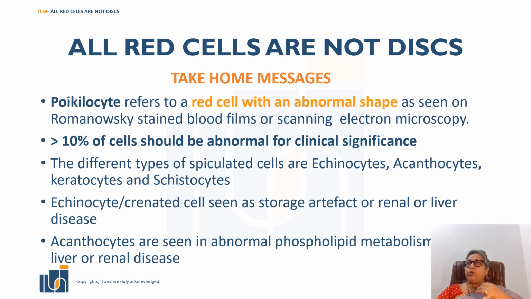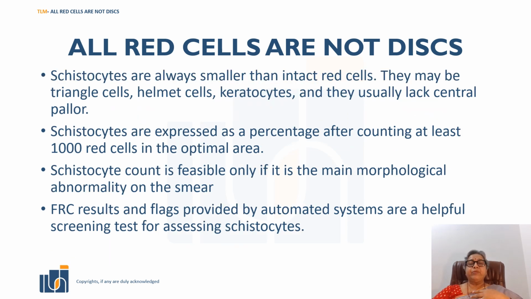The different speculated cells are echinocytes, acanthocytes, keratocytes, and schistocytes. An echinocyte or a crenated cell is usually a storage artifact or seen in renal or liver disease. Acanthocytes are seen in abnormal phospholipid metabolism, severe liver disease, or renal disease.